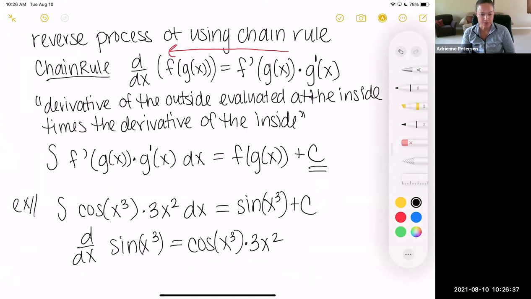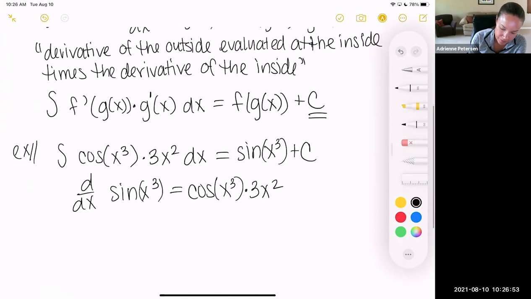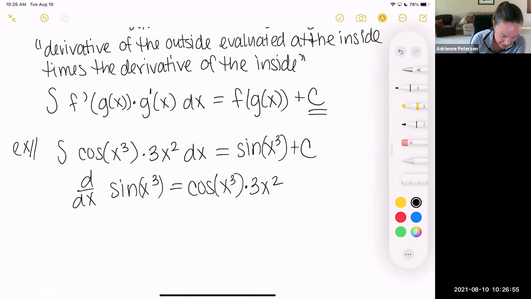But in most cases, we're going to have to do a little bit of work first. I told you this was called U substitution. So let's take a look at this exact same problem, the integral of cosine of x cubed times 3x squared dx, and we'll do this using U substitution so I can show you what that looks like.